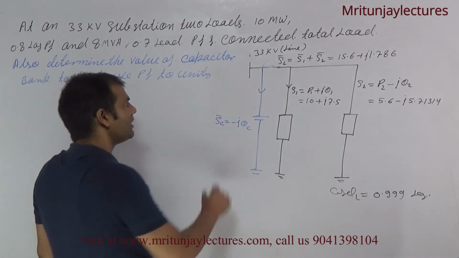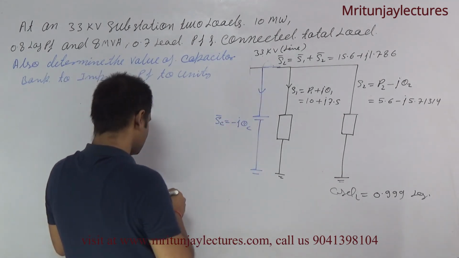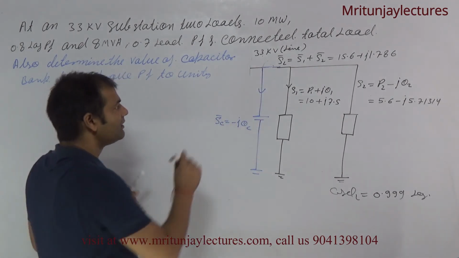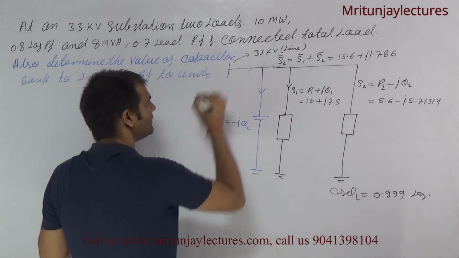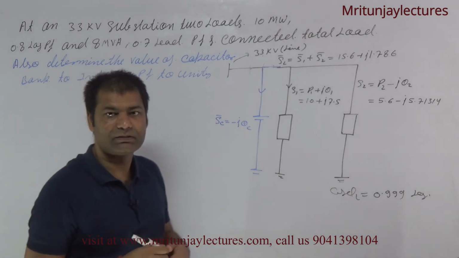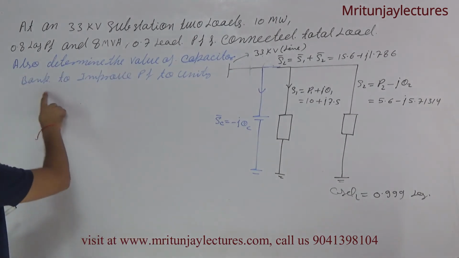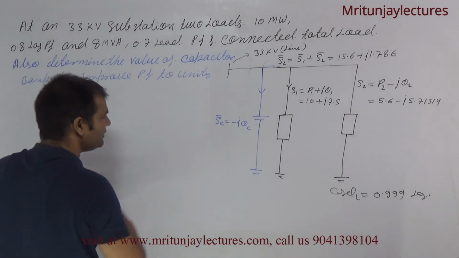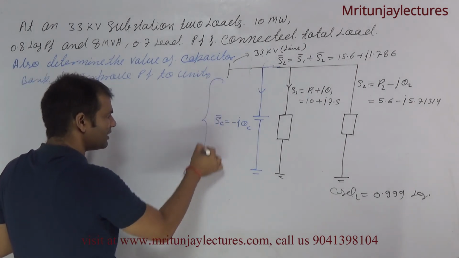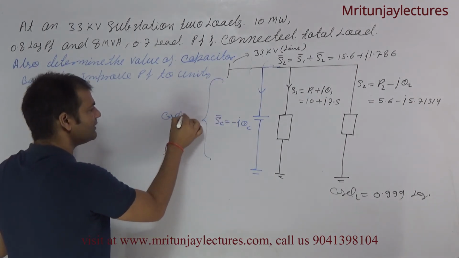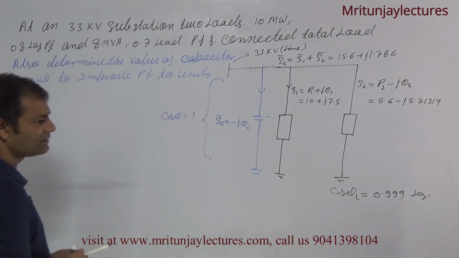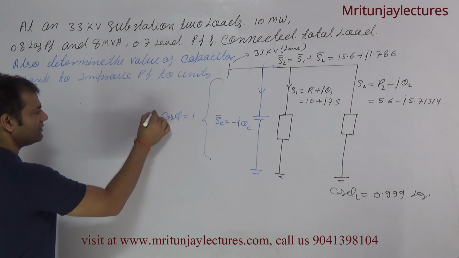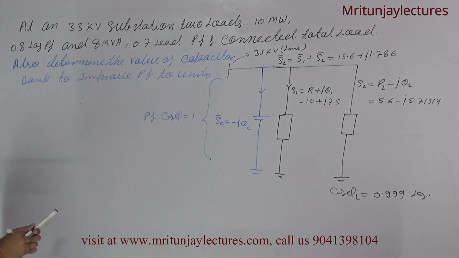After the capacitor bank is added to the substation, what about the power factor? Corresponding to the question, improve the power factor to unity. It means the overall power factor cos phi will be equal to 1. Our motto is to determine QC, the capacitor bank. How to determine it?